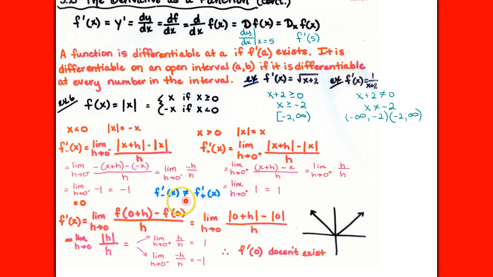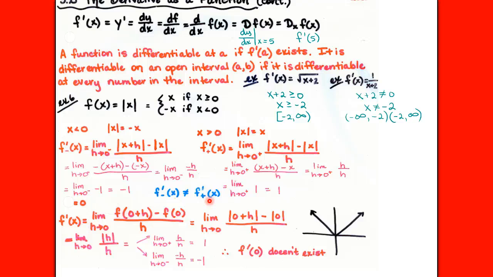Just like a limit, if the derivative from the left doesn't equal the derivative from the right, then that derivative is not going to exist where those two pieces come together. So if I approach 0 from the right and from the left, and my derivatives do not equal each other, that means the derivative is not going to exist at 0.